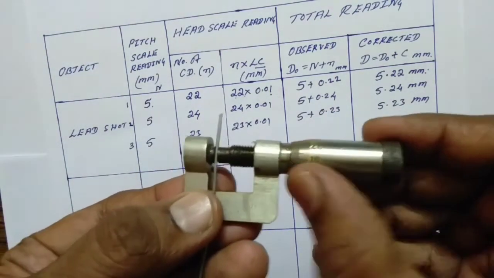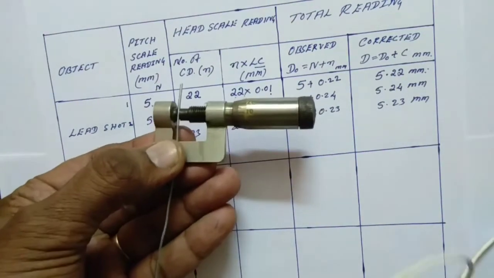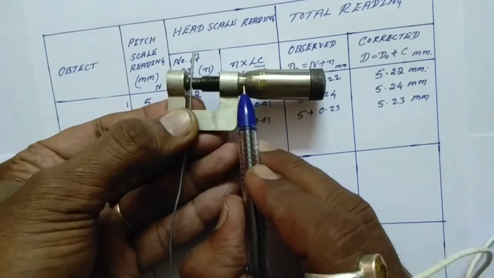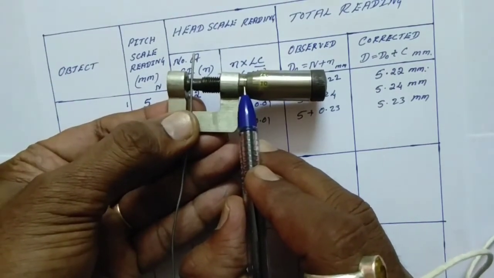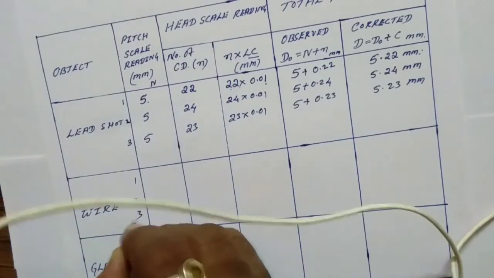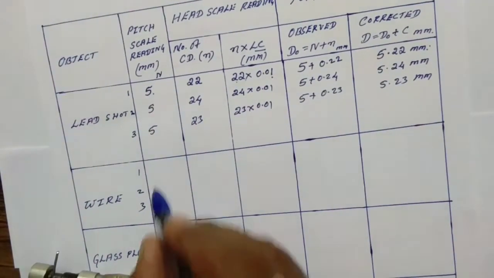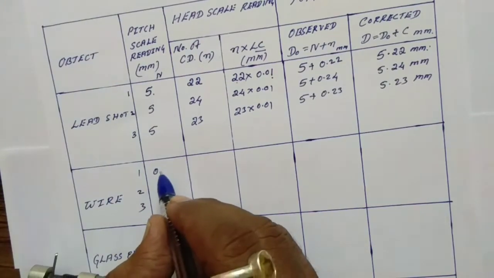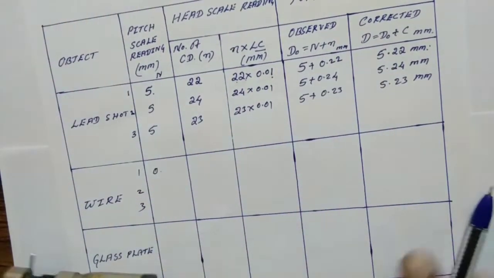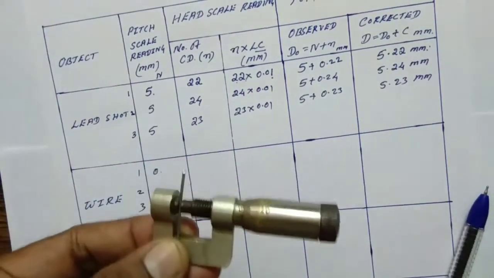Now what we are getting is almost 0, 0.0. Just write the first reading, second reading, third reading. It is equal to 0.